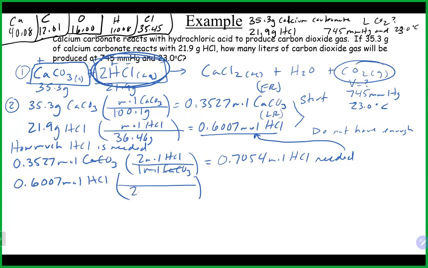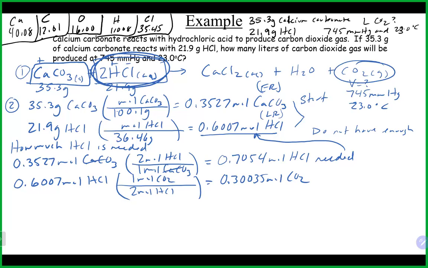That would give me 2 moles of HCl, 1 mole of CO2. And I can take that basically and divide it by 2. Going to give us 0.30035 moles of CO2.